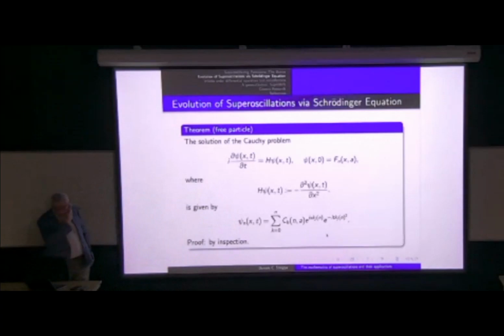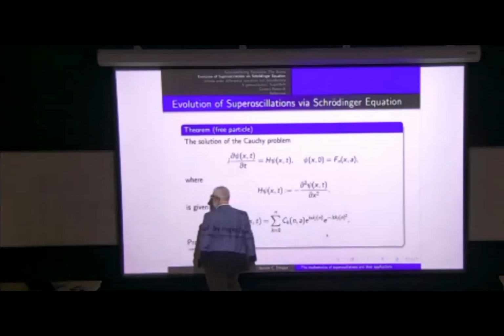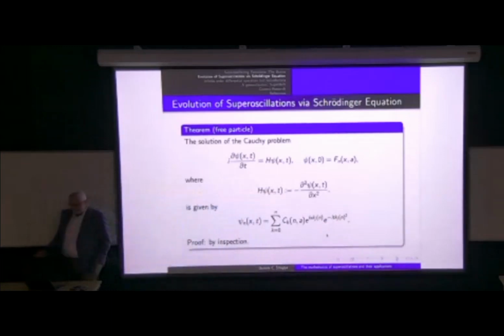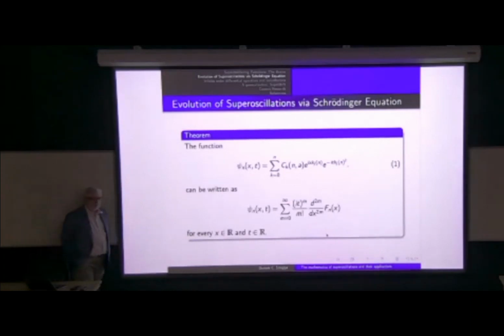But now what I'm going to do is rewrite the t component as an infinite series. And this will allow me to show, in the next slide, that my solution can actually be rewritten in this way.